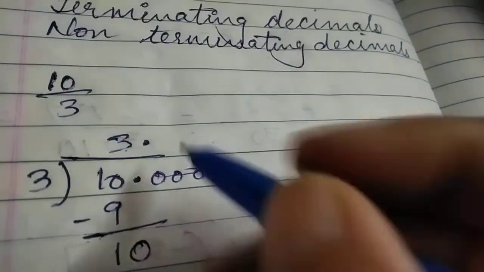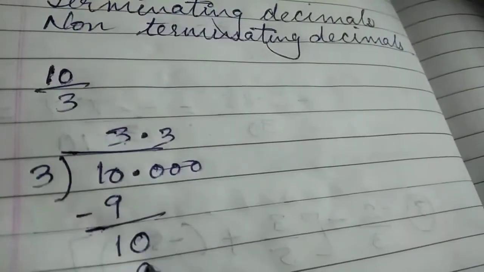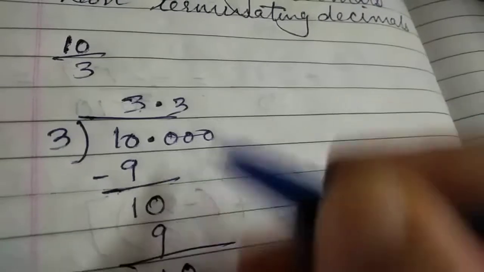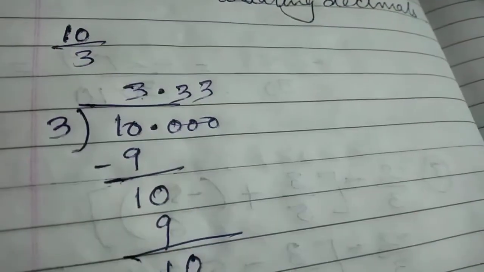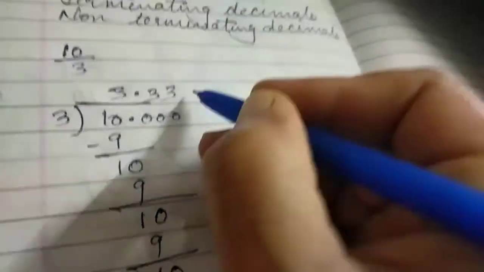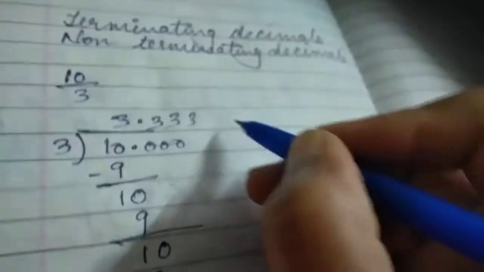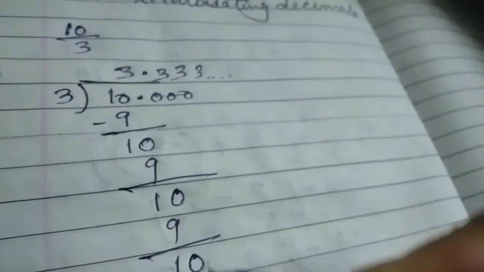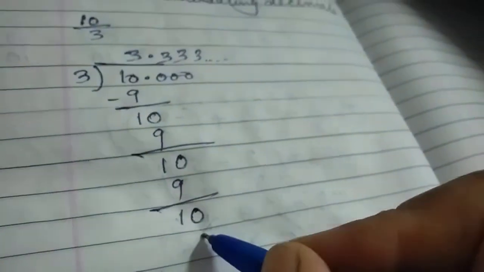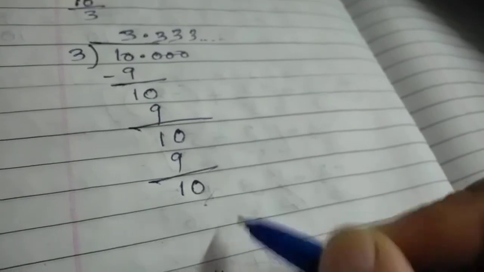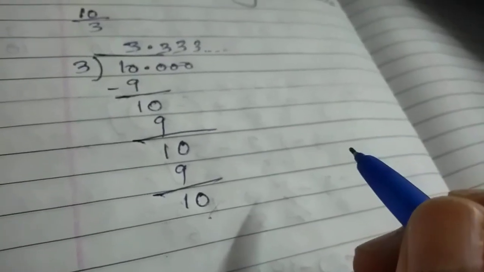And what we get? 3 3s are 9. Again we get remainder 1. And we bring one more 0 here. Again we get 3, 3 3s are 9. Again we get remainder 1. We bring 0 down. Again we get 3. Like this way it goes on. It will never finish. Always, every time we will get here 9 and remainder 1. So it will never finish.